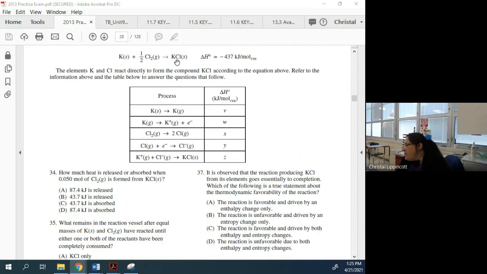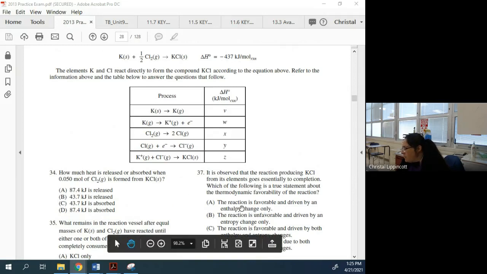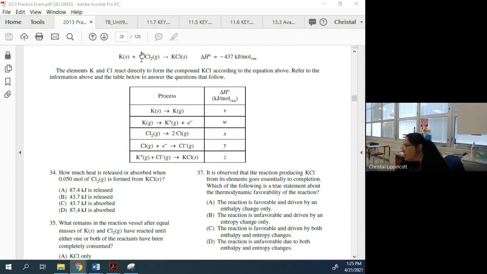So I have decreased my entropy, yet the reaction is still running. It's exothermic, so you know it's thermodynamically favorable. It's driven by enthalpy only. In order for the entropy to run this, we would have had to increase our entropy, and we decreased it, because things, remember, favor disorder.